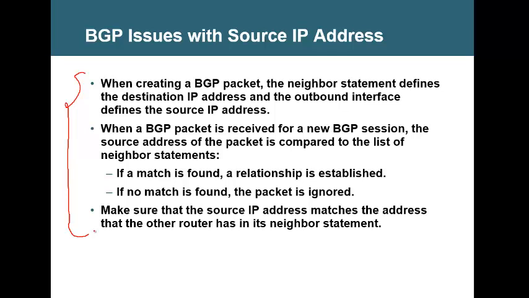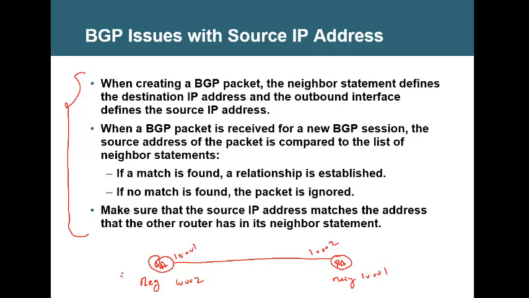Source IP address. Listen, when I have 2 routers like this, and this is 10.0.0.1, and 10.0.0.2. Here I have said neighbor 10.0.0.2, and here I have said neighbor 10.0.0.1.